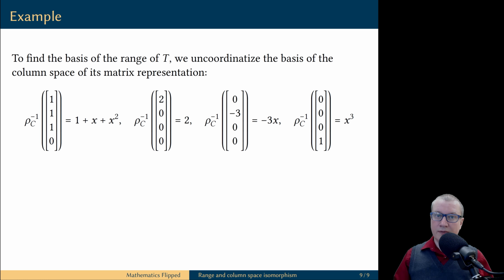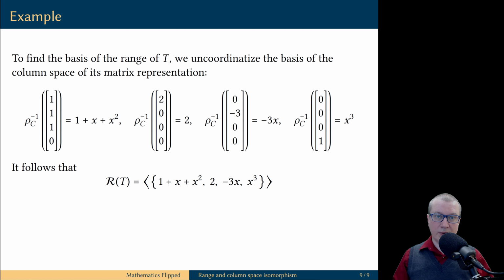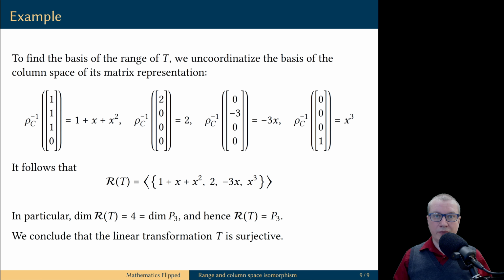When we do this, we obtain 4 polynomials in the vector space P3, and these polynomials form a basis of the range of T. Let's observe that there are 4 vectors in the basis of the range of T. This tells us that the dimension of the range is equal to 4, but this is the same as the dimension of the vector space P3, and the range of T is a subspace of P3.